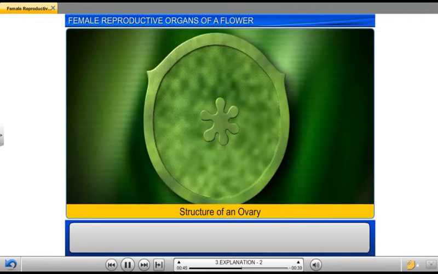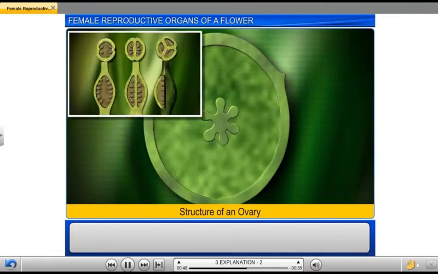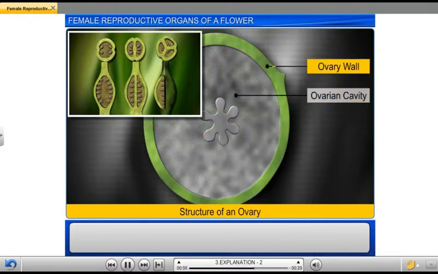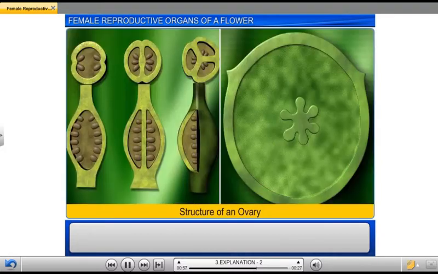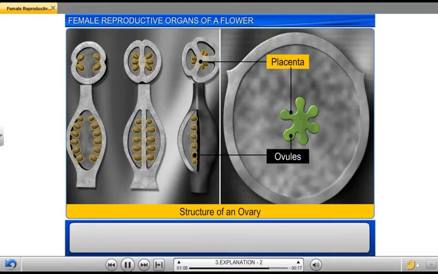Morphological studies of the ovary have revealed that it contains one or more cavities called locules, or ovarian cavities, that are surrounded by an ovary wall. Within the locule, you will find ovules or megasporangia that are attached to the ovary wall in a region called the placenta.